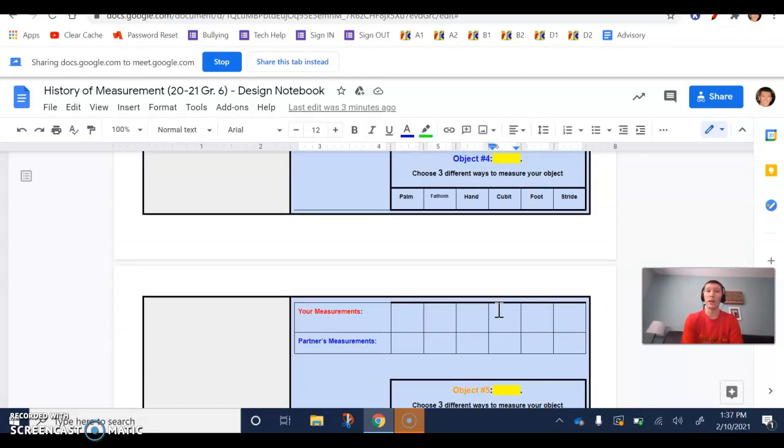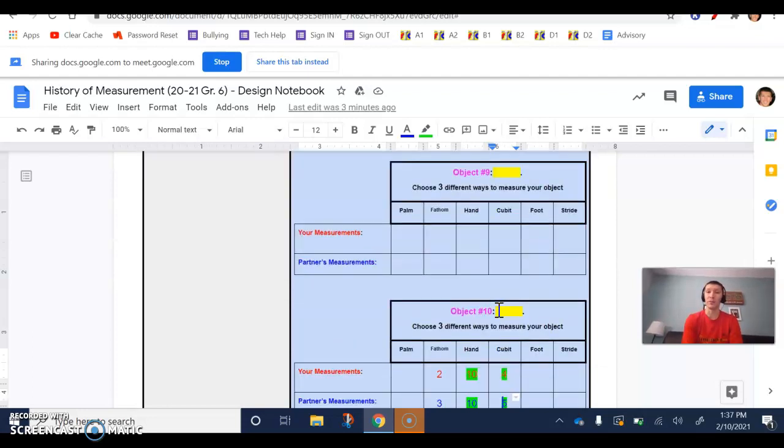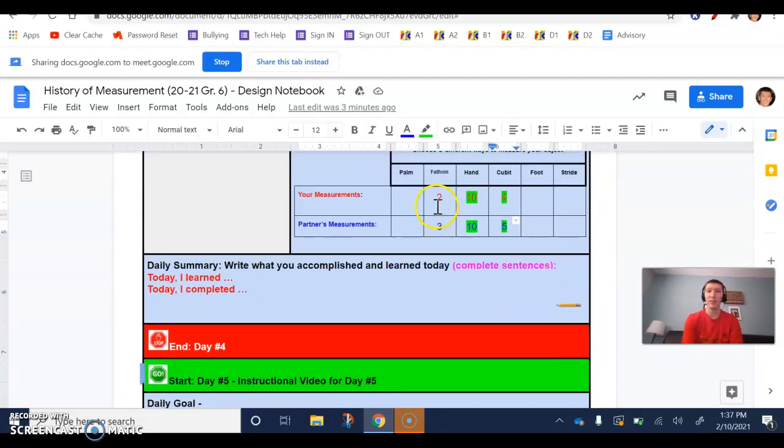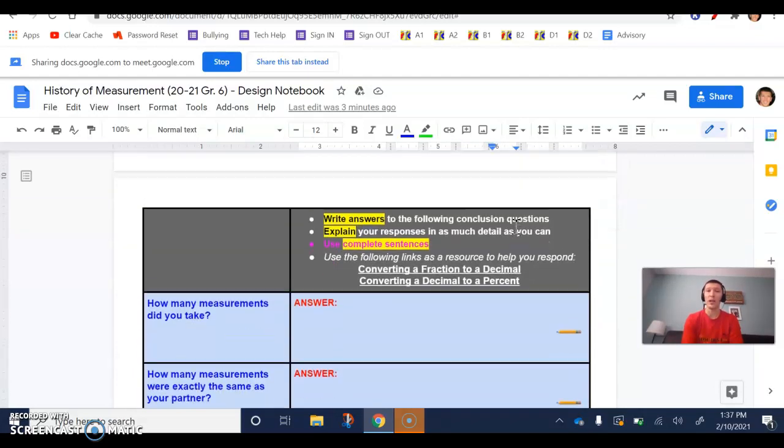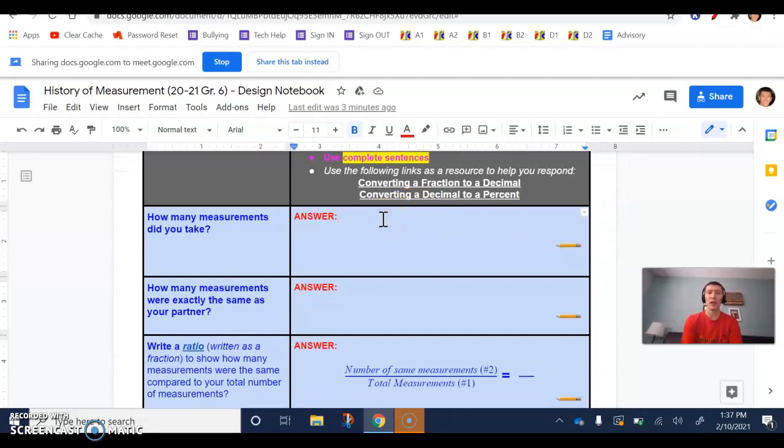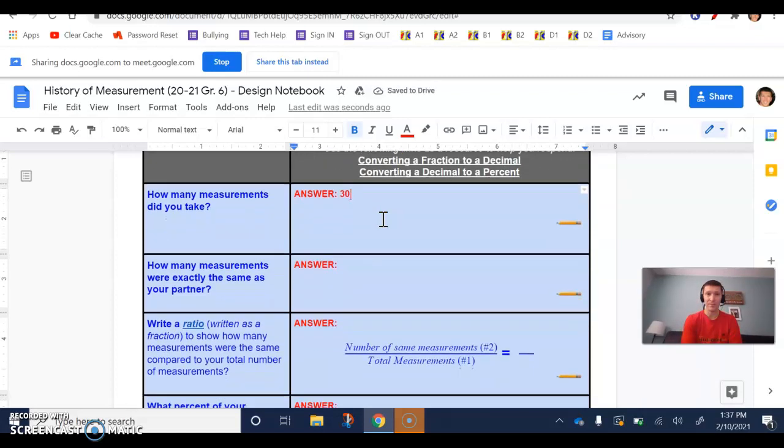And so you need to right now count how many different measurements you had. This right here would be 1 measurement, 2 measurements, 3 measurements. So that would be how you count them. Let's just say you did all 10 objects in 3 different ways. That's a total of 30 measurements.